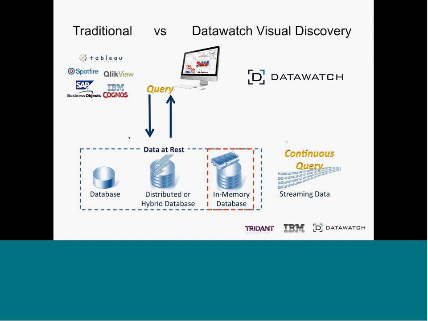Differentiators for Datawatch in this world are our ability to handle continuous query against streaming data, ActiveMQ messages or streams from IBM Streams or Kinesis, what have you. But again, I don't know how relevant that capability is to this audience. I think in the future, we're all doing streaming data.